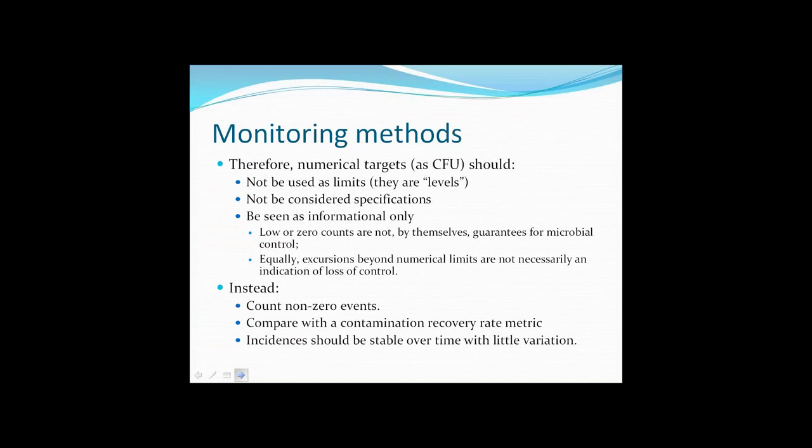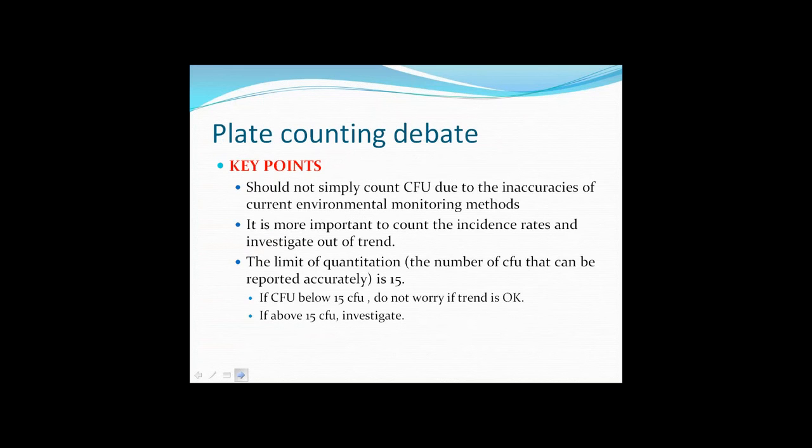And it goes on to discuss the use of a contamination recovery rate metric, and one that's grounded on historical findings based on what is actually linked to the performance of the clean room or aseptic filling line.